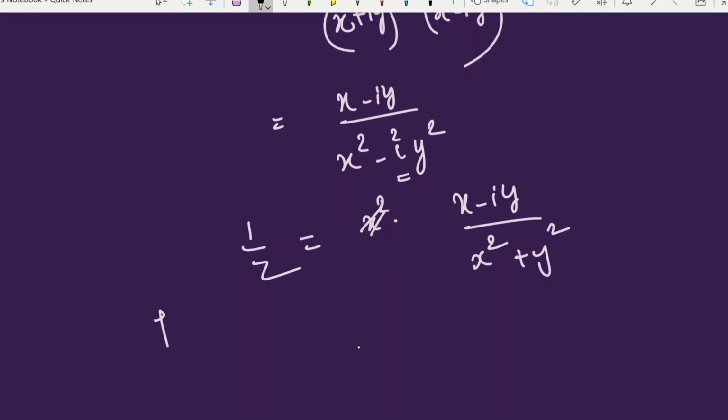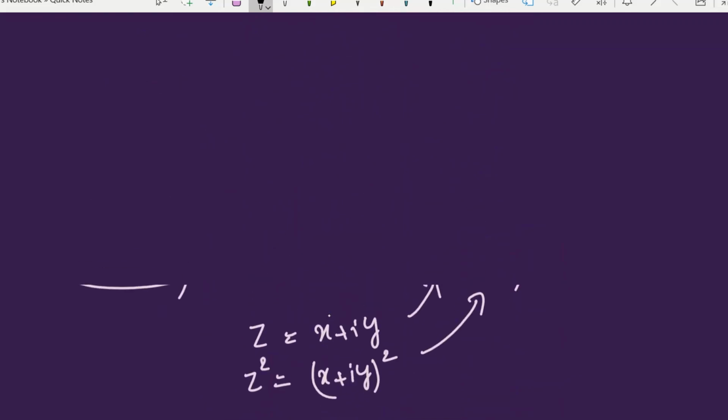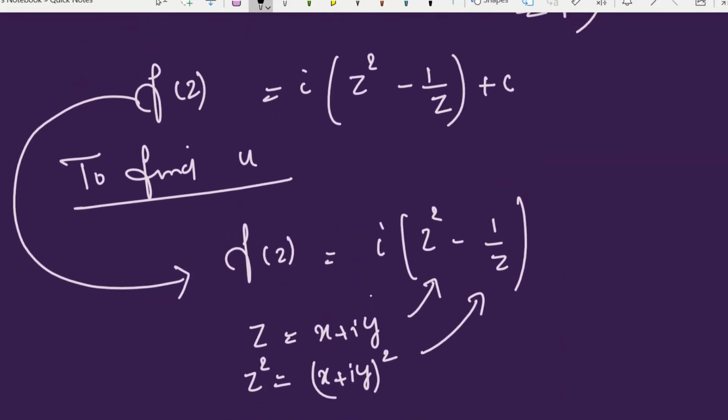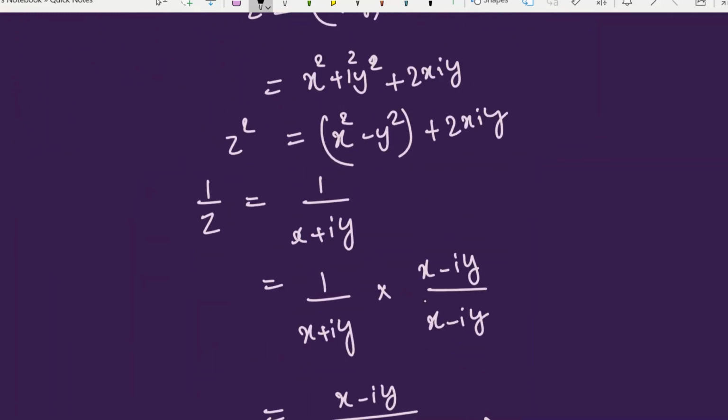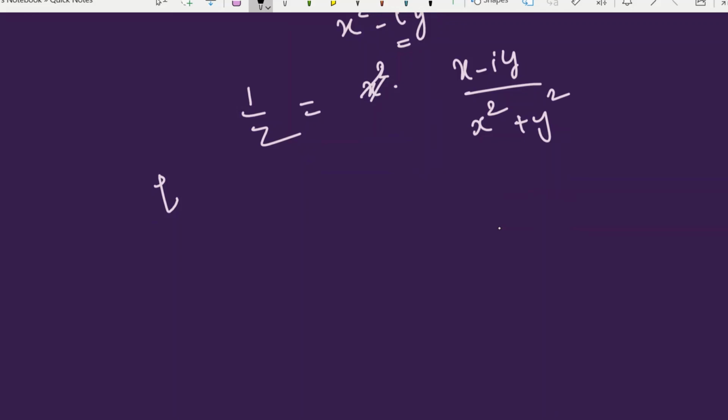Now substitute all the values in f of z. So what is our f of z? Here you have to substitute all the terms. Put z square, 1 by z in f of z.